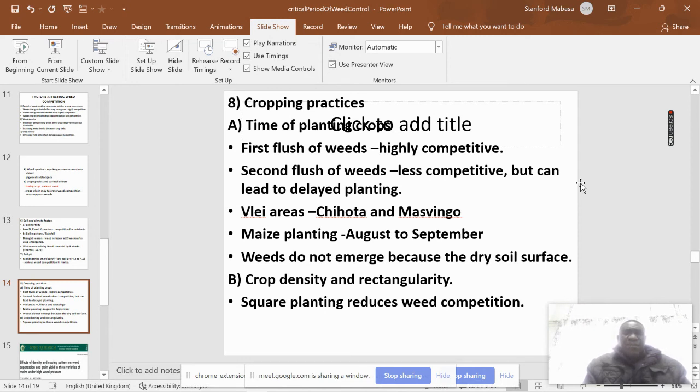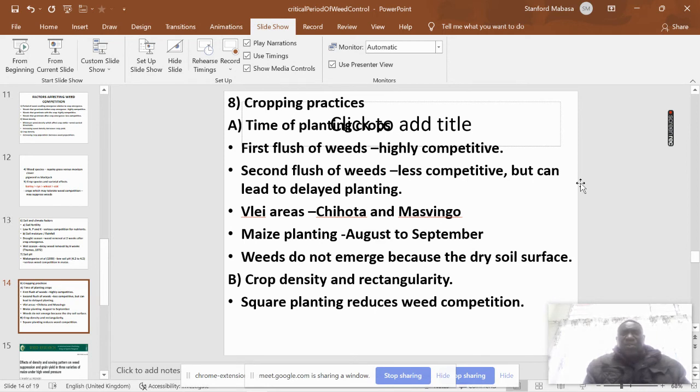Now, in flare areas like Chiota and Mashingo, where maize can be planted in August and September, what happens is that the seed of the crop can be surrounded by moisture and it can germinate, whereas the weed seeds may be in the dry zone during August to September and they may fail to emerge.